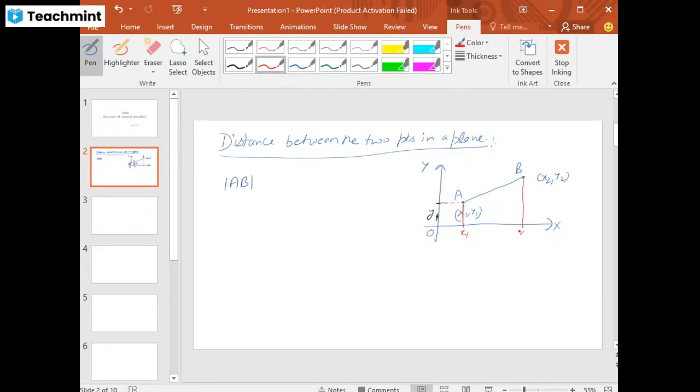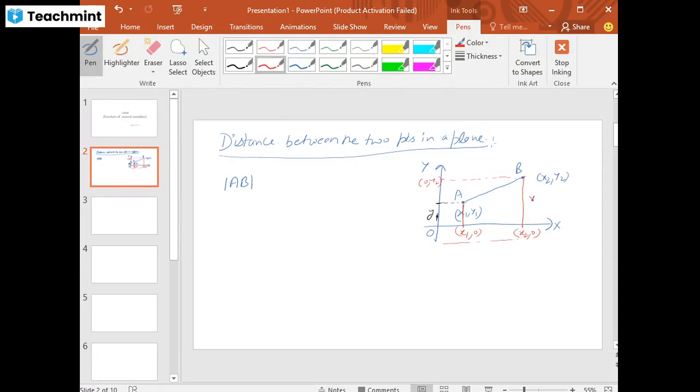so this point is x2. Basically, this distance is x2. Otherwise, this coordinate is (x1, 0) and this coordinate is (x2, 0). And this point is y2, or we can say its coordinate is (0, y2), and this height is y2.